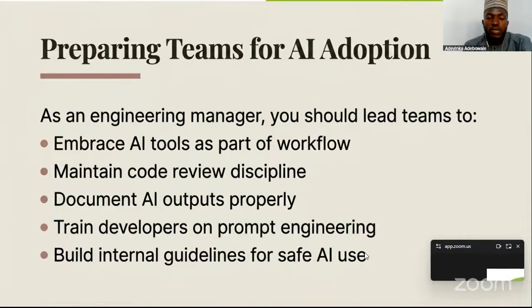Then build internal guidelines for safe AI use. You need to set rules for what is allowed and what is not allowed, so that as a way of using AI to improve productivity, you don't affect other parts of your solution as well.